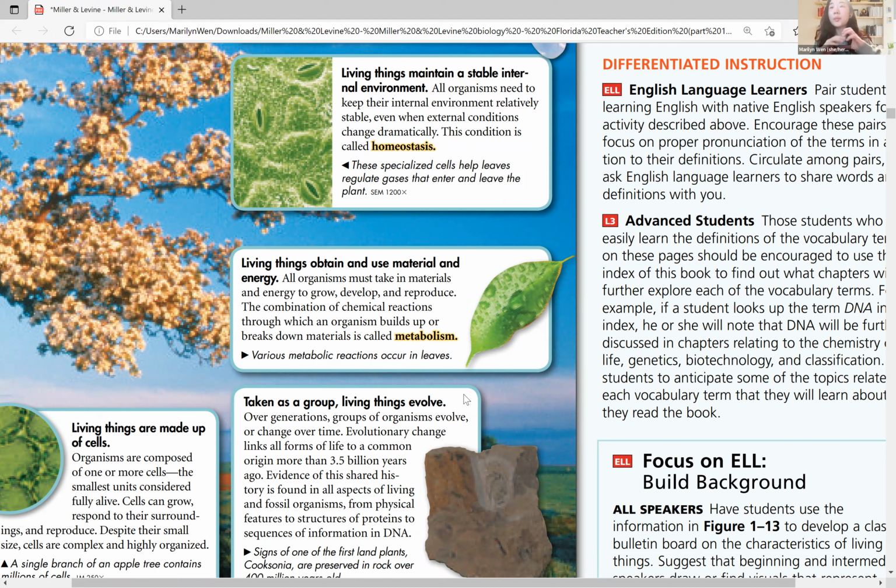The combined term for all the chemical reactions that happen in your body is metabolism. It means the total of all the chemical reactions in your body.